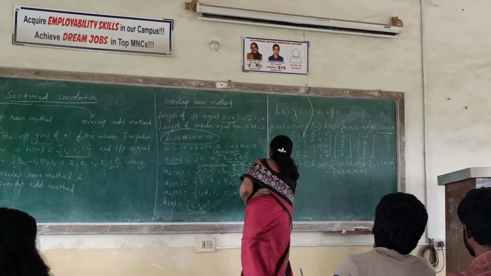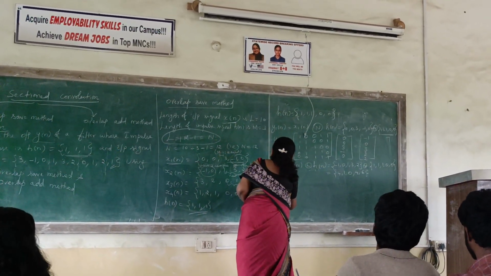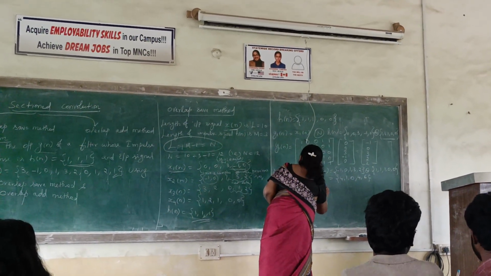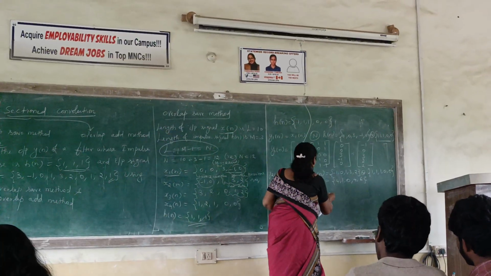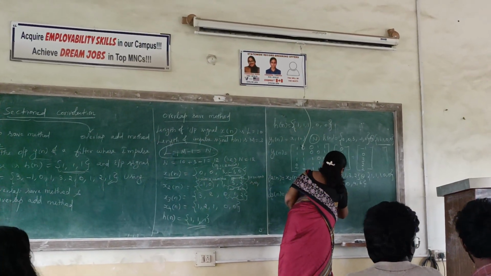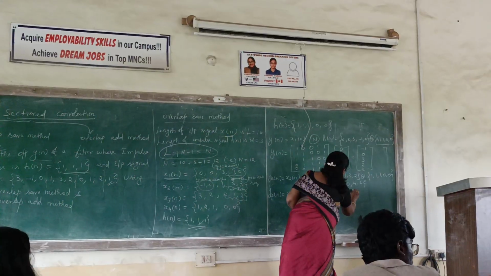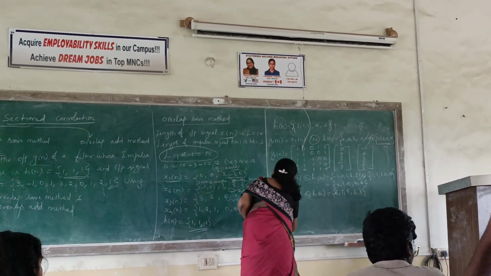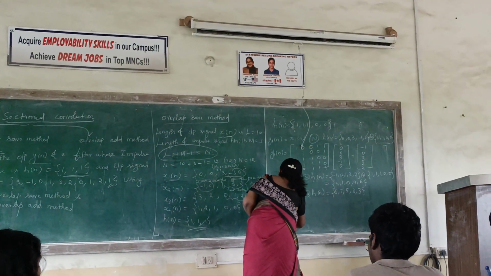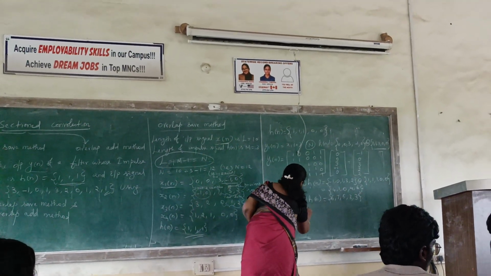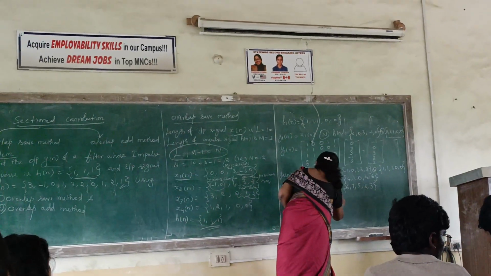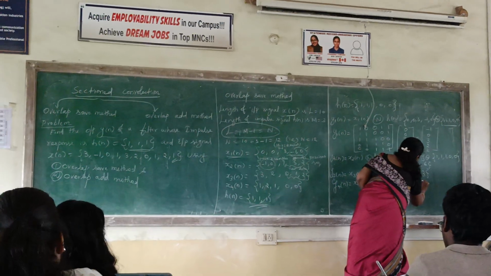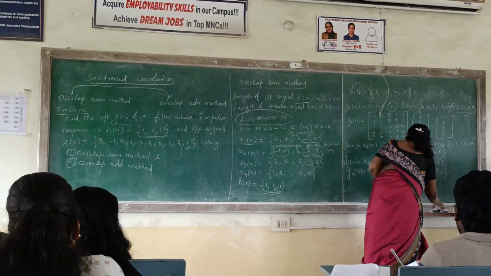This is how y3 of n is equal to x3 of n convolved with h of n, which is equal to 6, 7, 5, 3, 3. Similarly, y4 of n is equal to x4 of n convolved with h of n, which is equal to 1, 3, 4, 3, 1. So this is the answer.